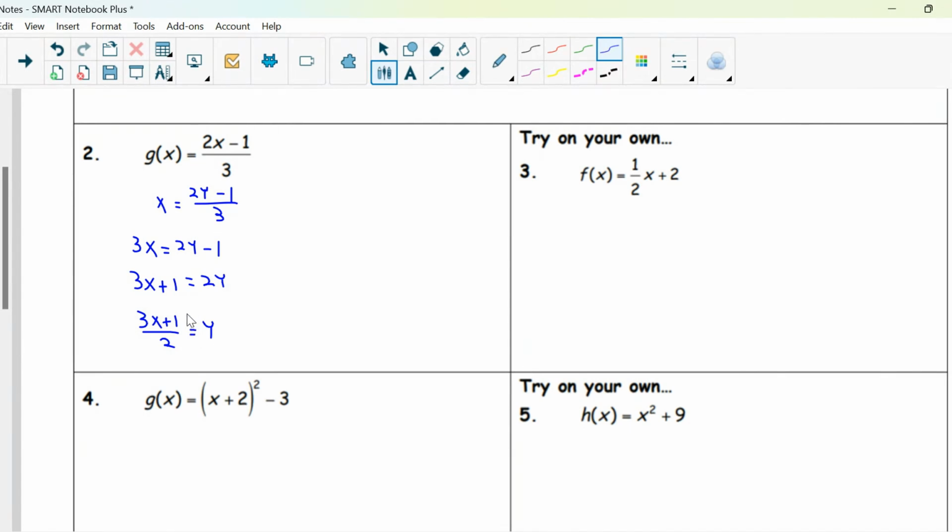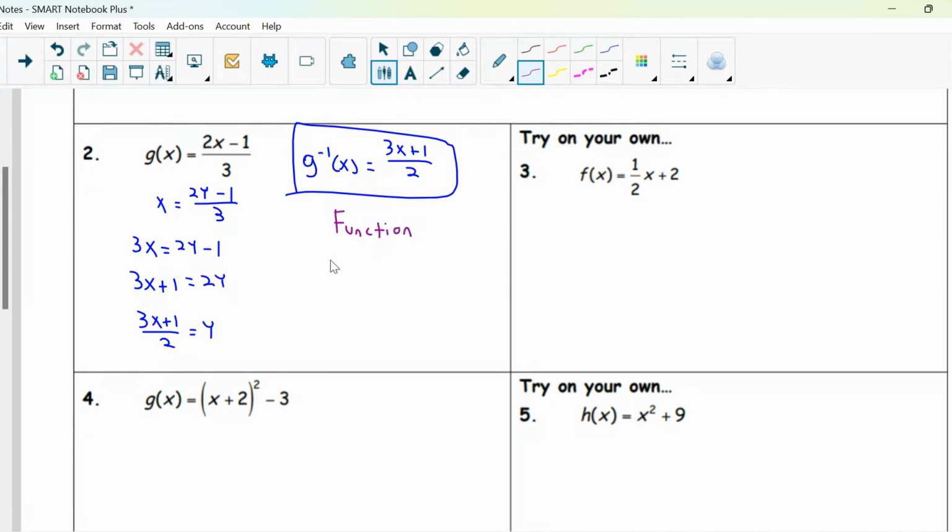So I solve for y. So now to write my inverse, I'm going to write this as the inverse of g of x equals 3x plus 1 all over 2. And in this case, this would be a function. It would pass the vertical line test.